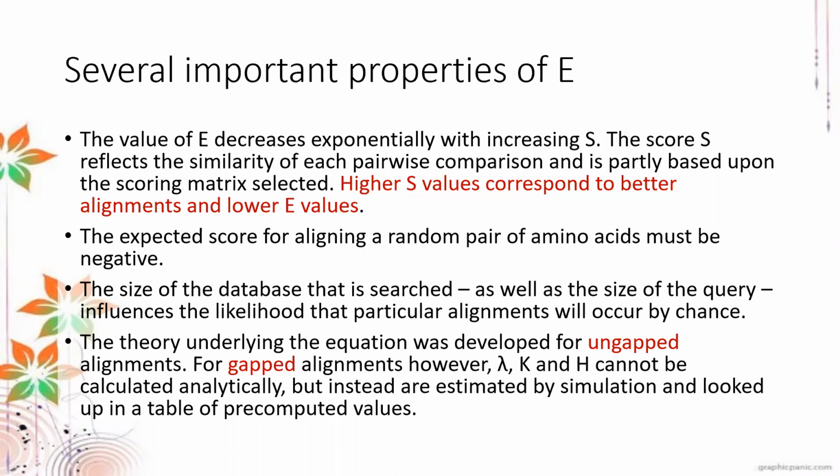Then the size of the database that is searched, as well as the size of the query, influences the likelihood that a particular alignment will occur by chance. That means if you have a small database and a short query, you would have a higher likelihood that it would occur by chance, especially if you have a shorter query of 5 amino acids. If it's only 5, what are the chances that those 5 amino acids occur in other, longer proteins? It's actually a high likelihood.